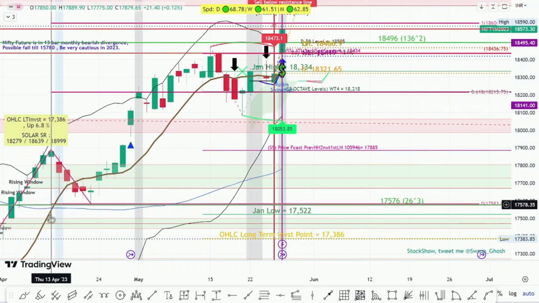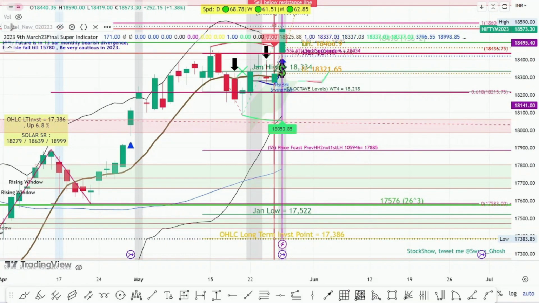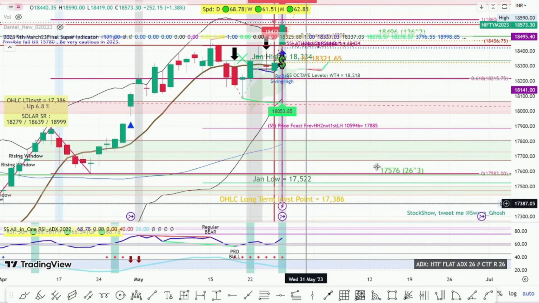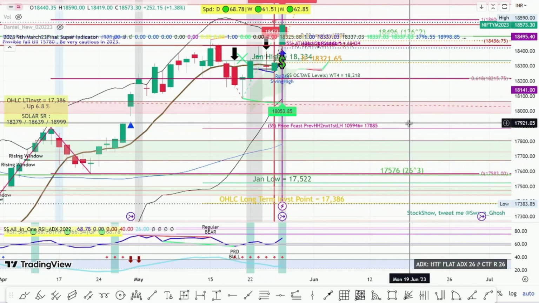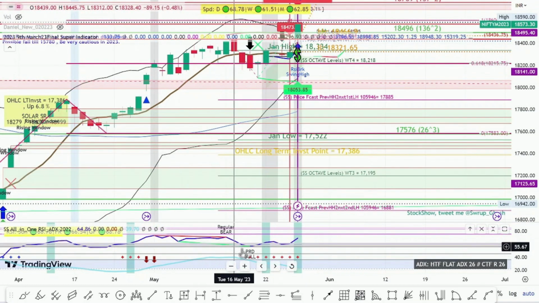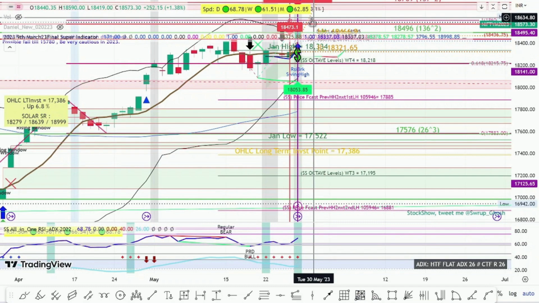I also use another signal, the signal from RSI. This is basically what Nifty was telling. Look, this is the positive reverse divergence here. Once I had a positive reverse divergence up to this level, Nifty took it upside.